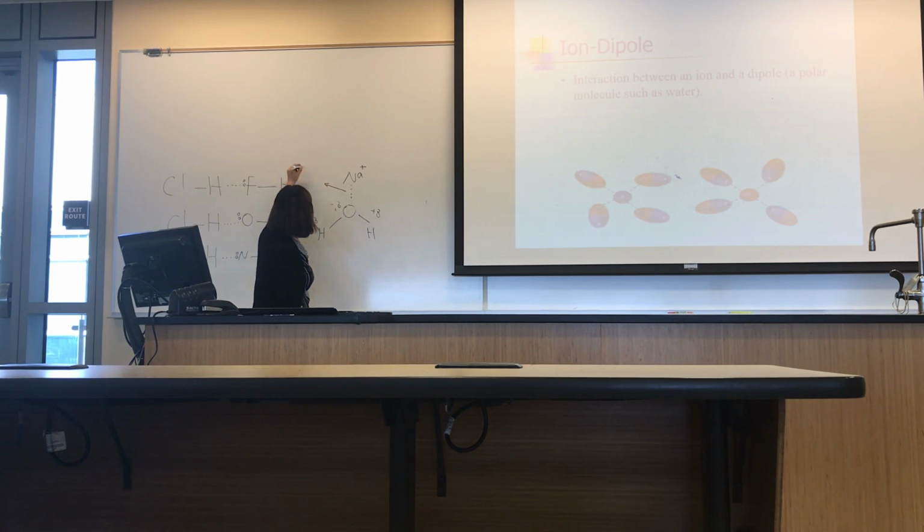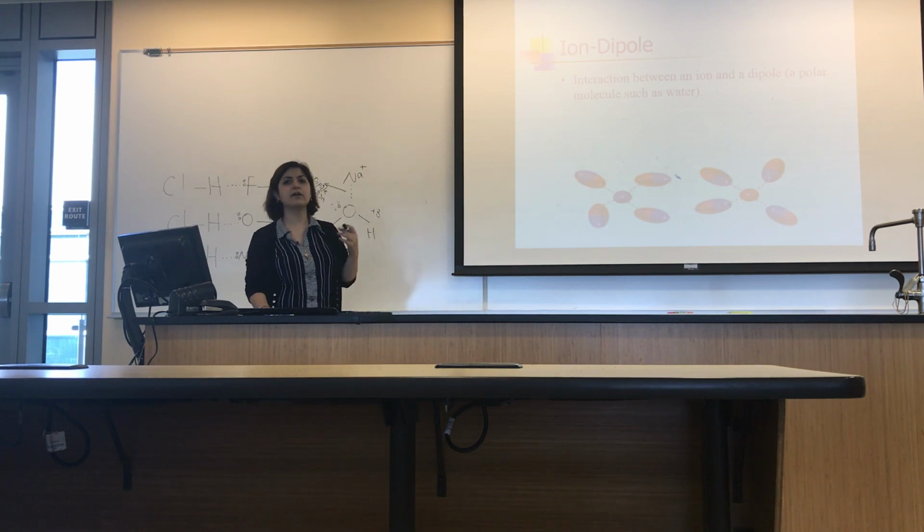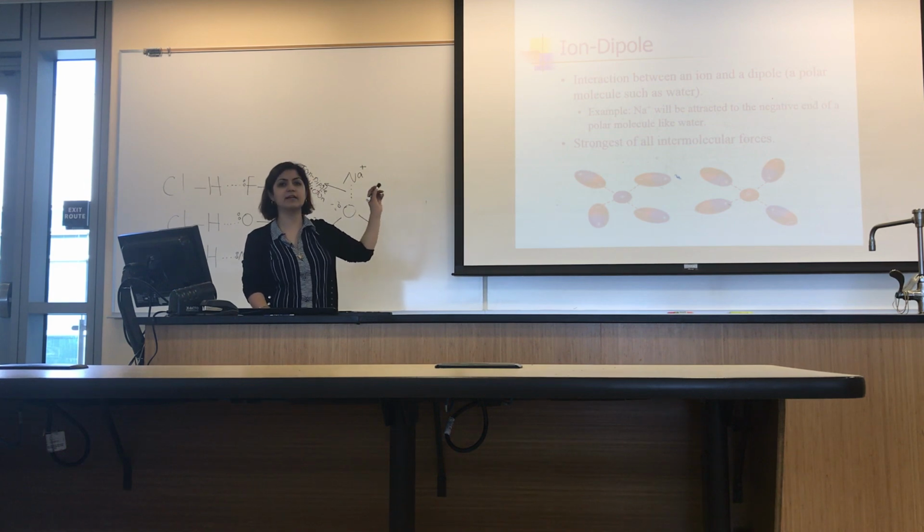So that's the ion-dipole interaction or attraction. Always an ion is present on one side, and there should be a polar molecule on the other side. The ion-dipole is the strongest of all the intermolecular forces.